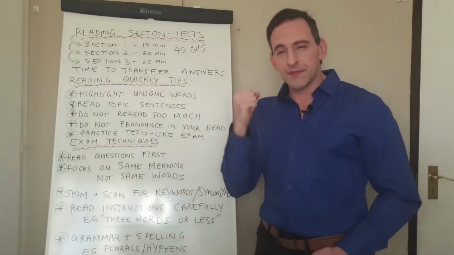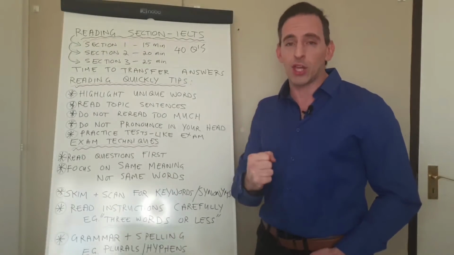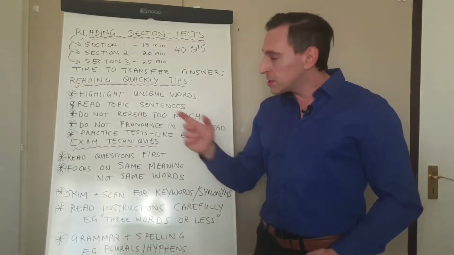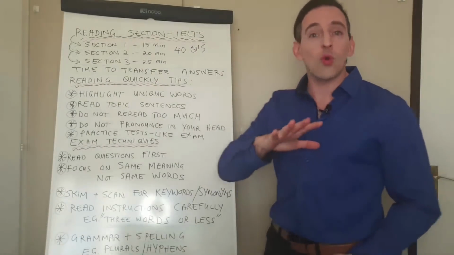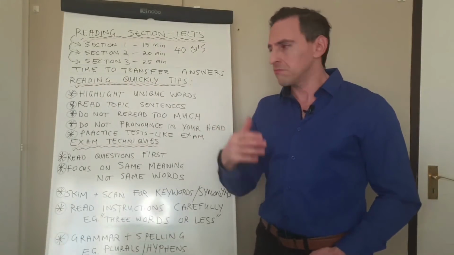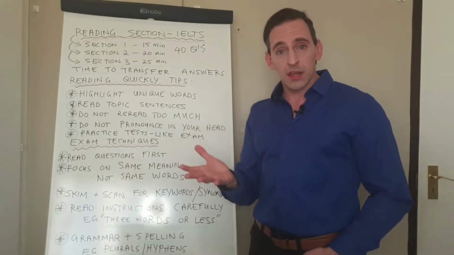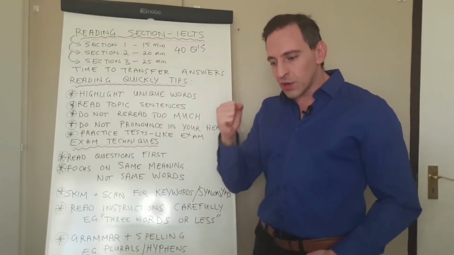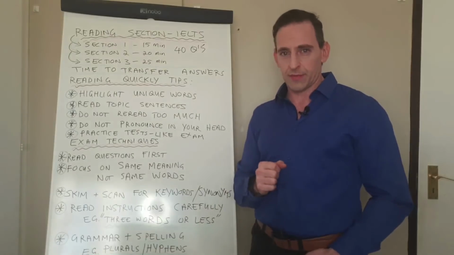Force yourself to feel the pressure of that time, and that will actually make you read faster because it's a skill. So that is very, very important. You can also read other things, articles online, English books. Read anything and focus on timing yourself so that you know, I'm getting better, I'm learning the reading skill.